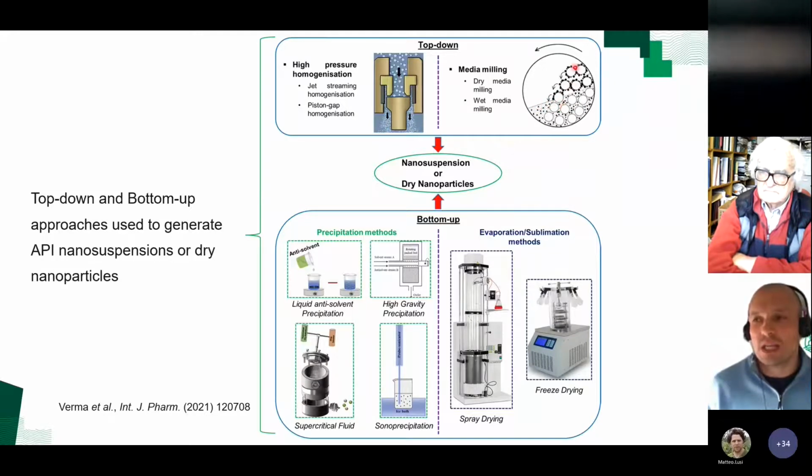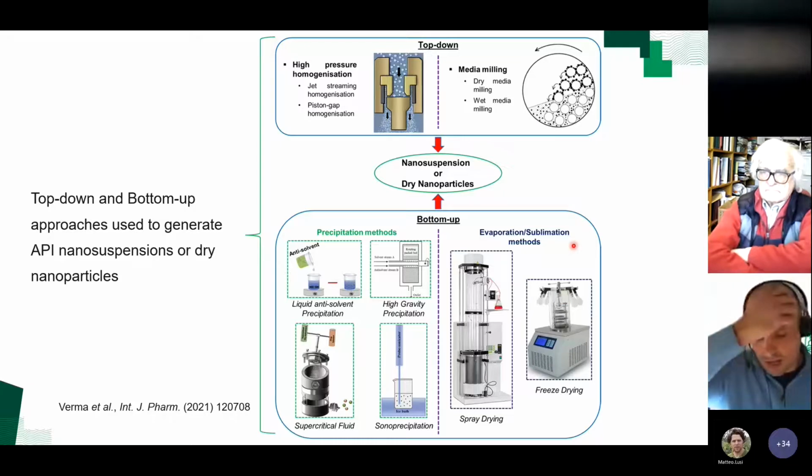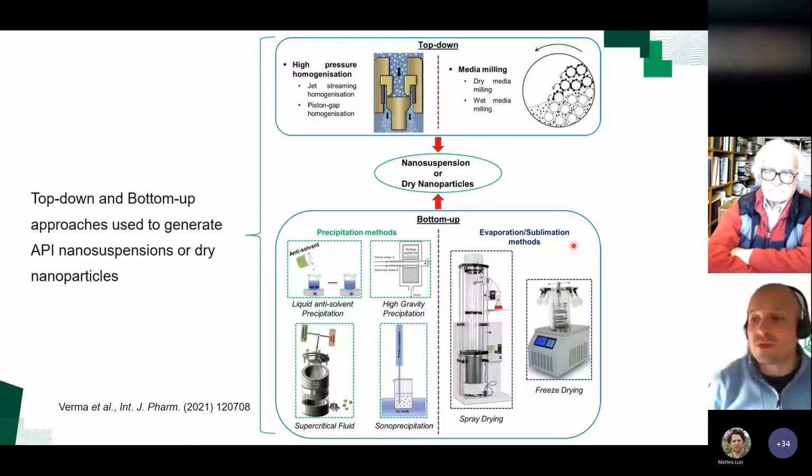This is typically efficient if you're targeting the micron size range, but if you want to target nano size range, we have to go this way over here. So these are methods very much well implemented by the industry, but then bottom-up methods, not much has been used there. Now, these methods here, like spray drying and freeze drying, they have had a very high adoption by the pharmaceutical industry, but not necessarily for nanoparticles there.